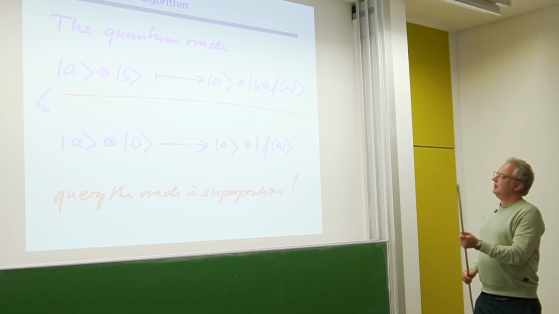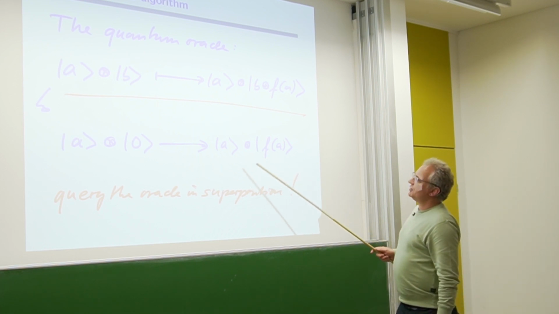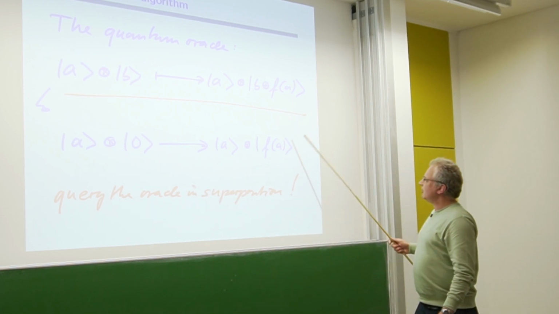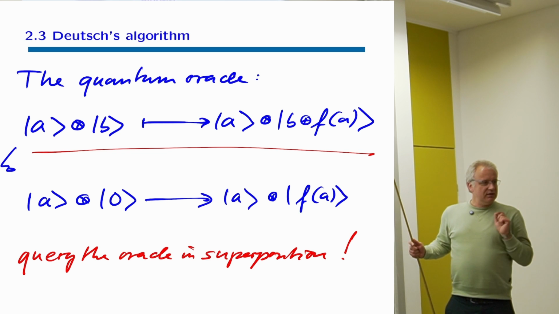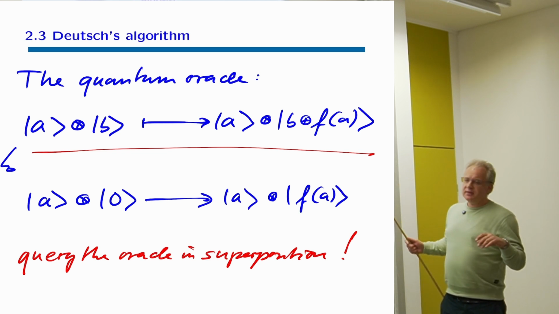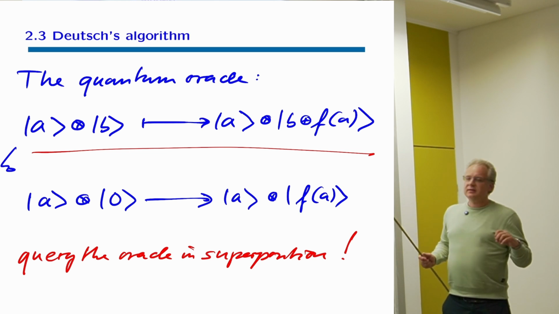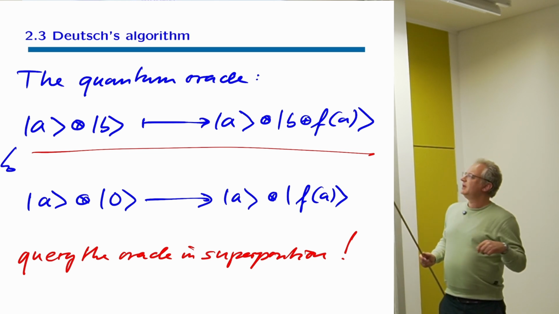If you would just put in the input and get the output, it could be the constant function, and the constant function erases this information, so that couldn't be done reversibly. Here everything is unitary, so you want it to at least be reversible.